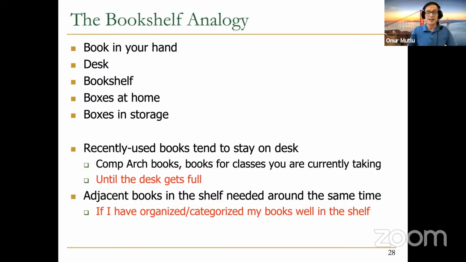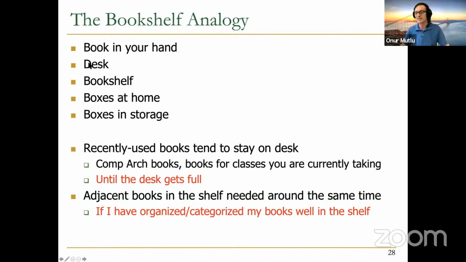If you do that, physically adjacent books in the space may be needed around the same time. And this is exactly the spatial locality principle in caches that we have discussed earlier in programs. If you have organized your data nicely, you may actually need the books that are spatially correlated, that are closely located in your bookshelf, at the same time. That also holds for your cache, in your desk, for example.